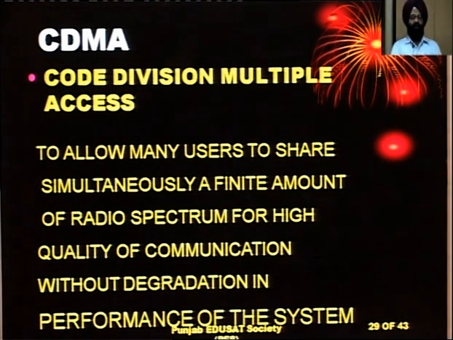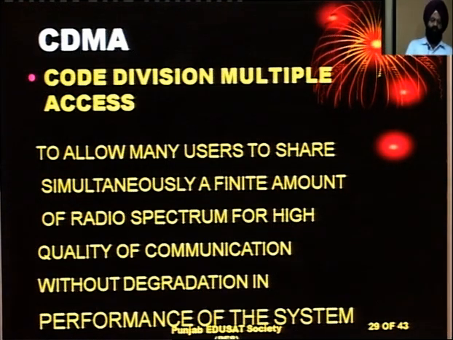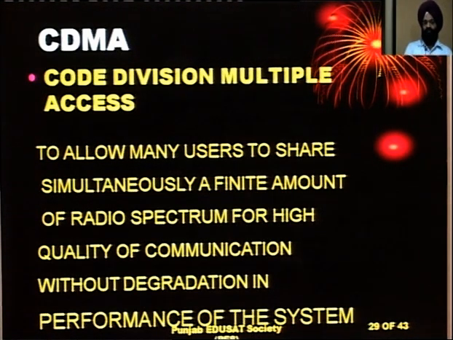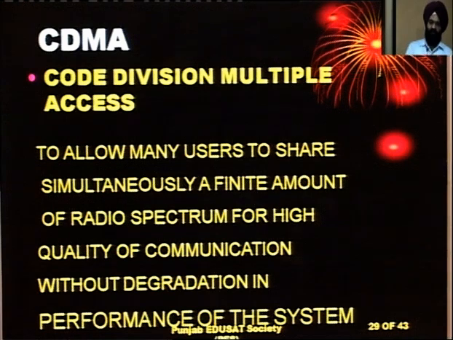In TDMA, the whole frequency spectrum is allotted to one user, but the time is divided between different users, and in the case of FDMA the whole frequency spectrum is divided among different users, but the full time is allotted to all users.